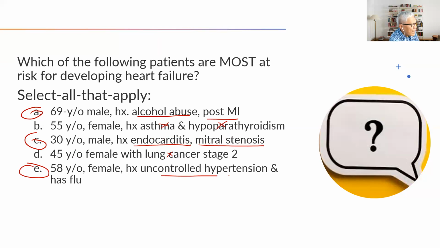And this one is uncontrolled hypertension and has the flu. Virus, but this one is the most frequent cause of heart failure, hypertension. So A, C, and E. Okay. Let's go to the next one.